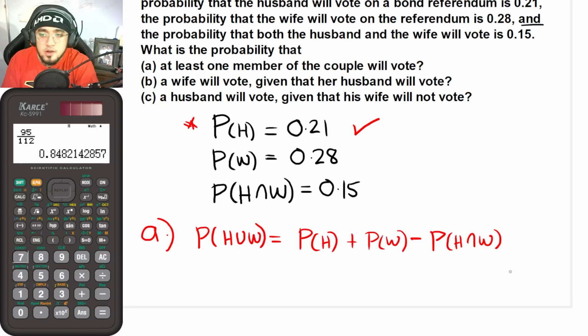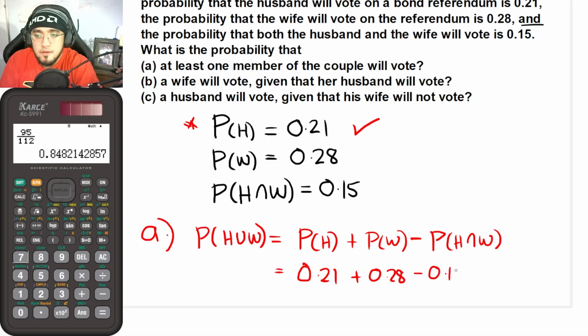Thus, our equation here. Again, this is not concerned with conditional probability. This is still the additive property of probability for joint events. So substituting known values, this is equal to 0.21 plus 0.28 minus 0.15.